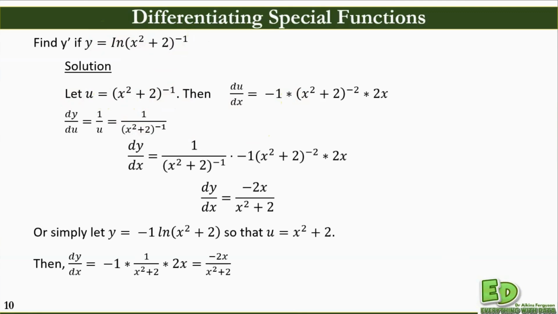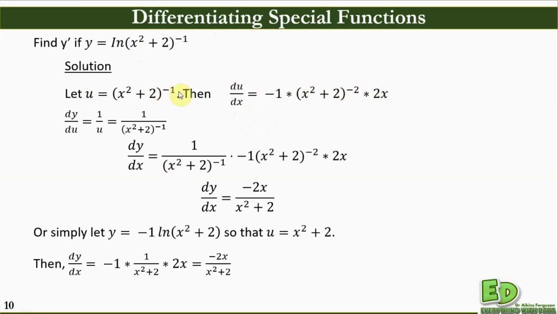For this question, we would say that u is equal to the function in the bracket, which is x squared plus 2 all raised to the power minus 1. Then the differential of u with respect to x, that is du over dx, is equal to minus 1 multiplying (x squared plus 2) all raised to the power minus 2.